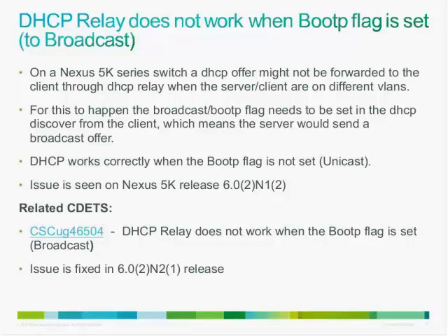So on the 5K switch, once you have the discover going to the DHCP server, you have the offer coming into the 5K as the relay. The offer might not be forwarded to the client through the 5K, right? The server and client are obviously on different VLANs.